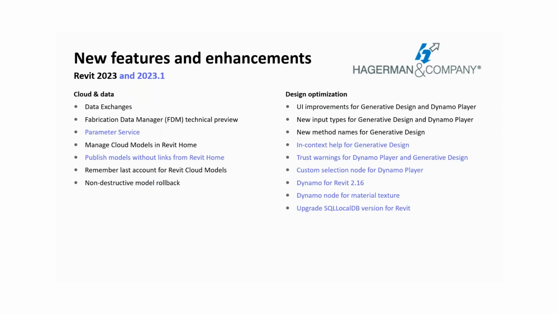And same here for cloud and data and design optimization. And again, I will pause for a second so you can take a look at this slide. You don't need to jot this down because we're going to go through each one of these today.